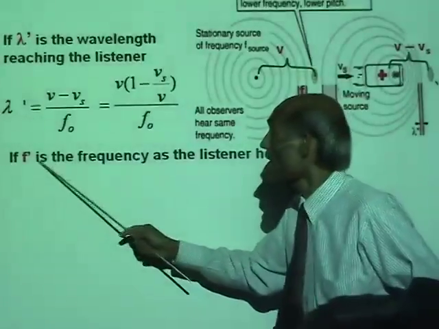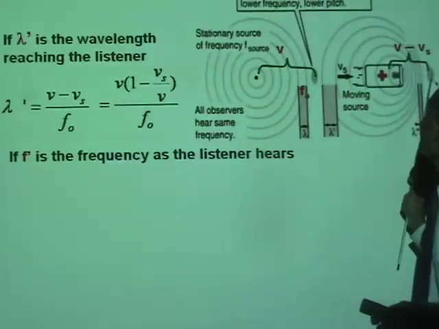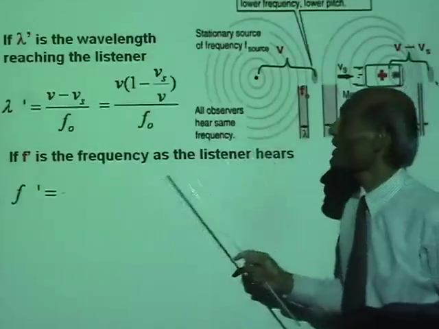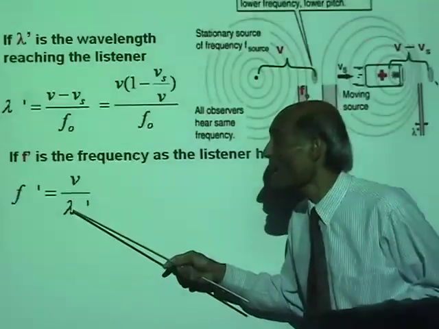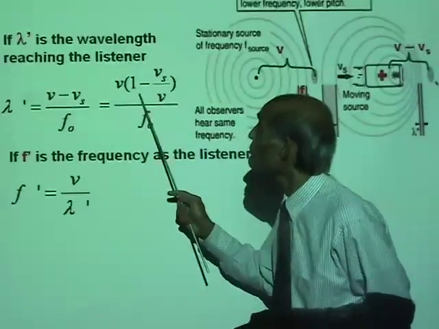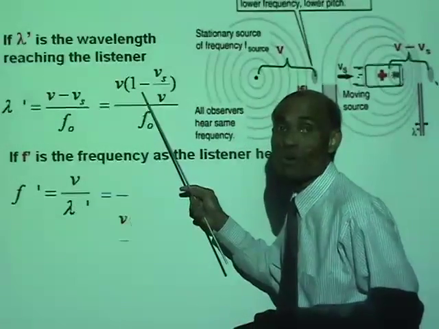Now, if F prime is the frequency as the listener hears, what will be F prime? F prime will be V divided by lambda prime. And the lambda prime is this. So let's replace this lambda prime by this quantity.